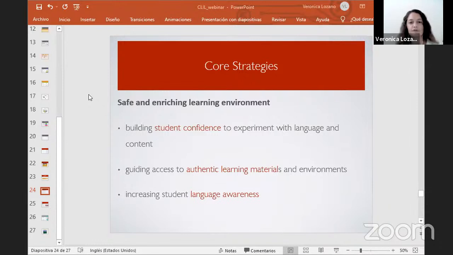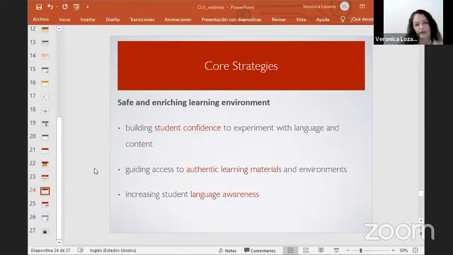Then guiding access to authentic learning materials and environments. So what we mean here is, for example, when you create a task or when you work with a task, it is a lot more meaningful, it is a lot more authentic than giving them some random exercise for them to complete, or just a reading and then do nothing with the reading, right? We create an authentic learning environment, and we use authentic learning materials when we have a purpose, when we want to achieve something.